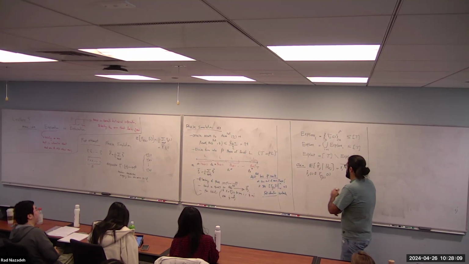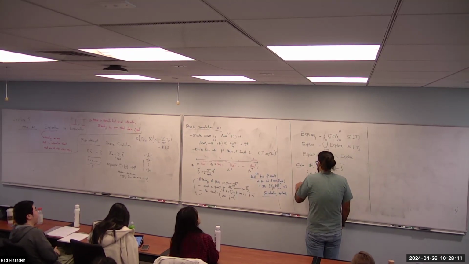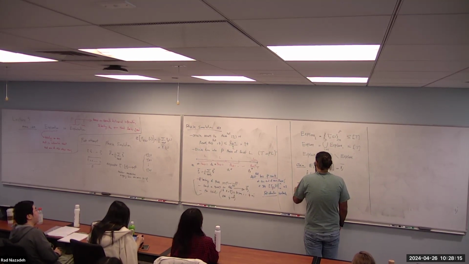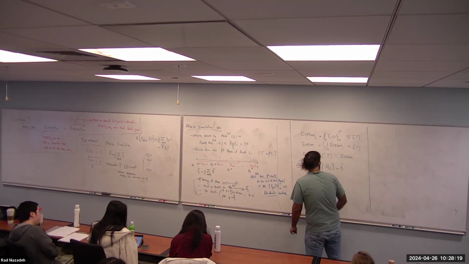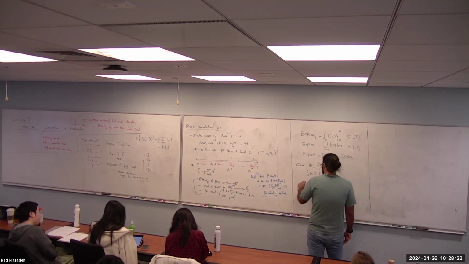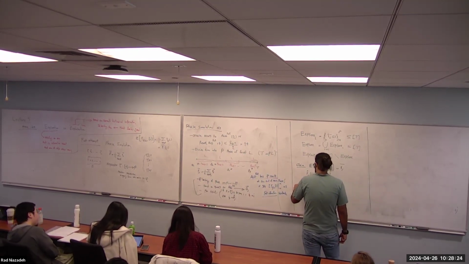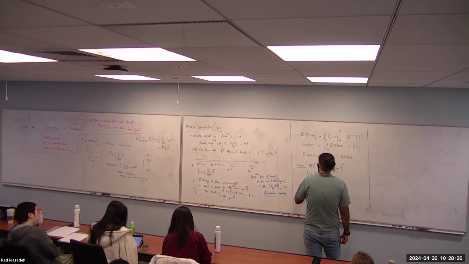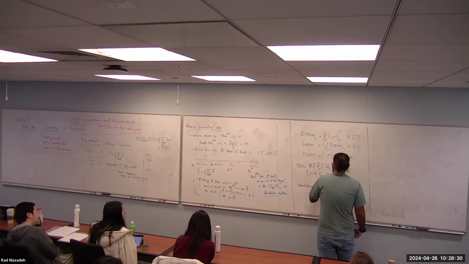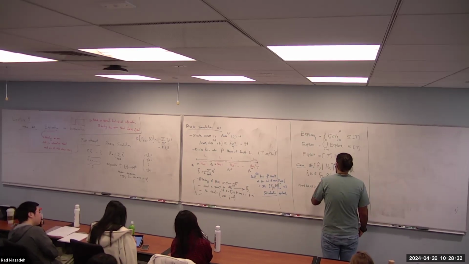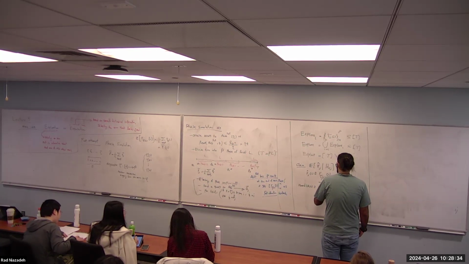Now, what's the reward that the algorithm gets? So the reward of the algorithm is definitely more than the reward that you get in exploitation, right? The sum over all the t's that are part of the exploitation.